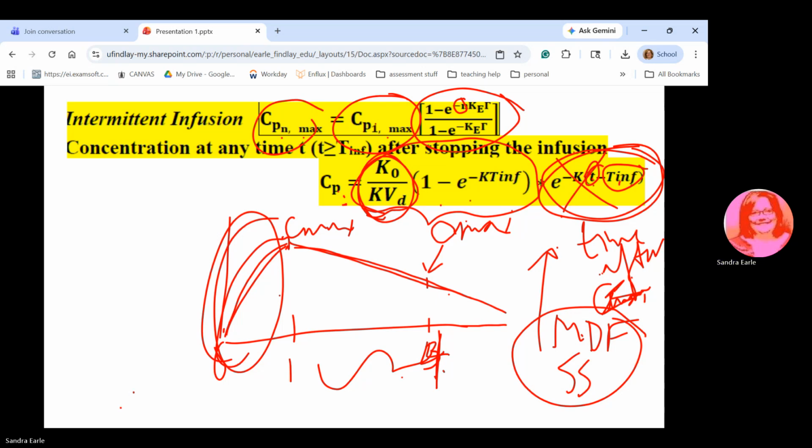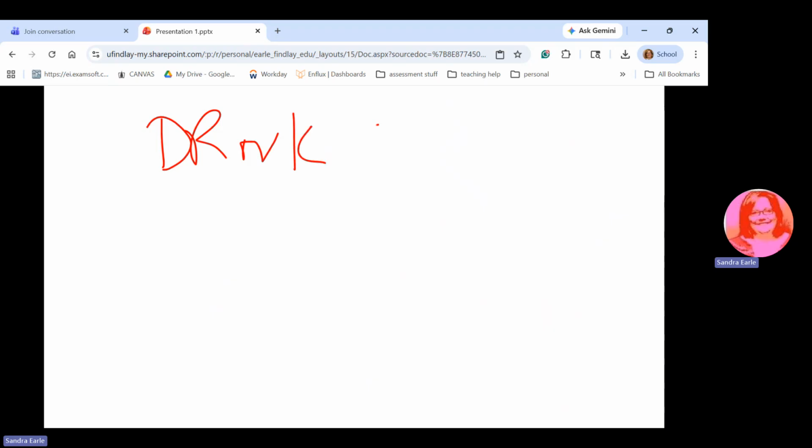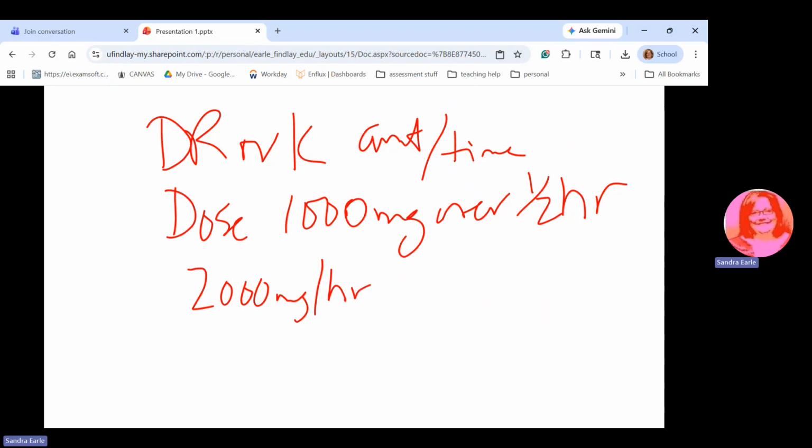So remember, our dose rate, or our KO, is in amount per time. So usually, let's say we're giving a dose of 1,000 milligrams over 1/2 hour. If we're giving 1,000 milligrams over 1/2 hour, we're giving 2,000 milligrams per hour, aren't we?